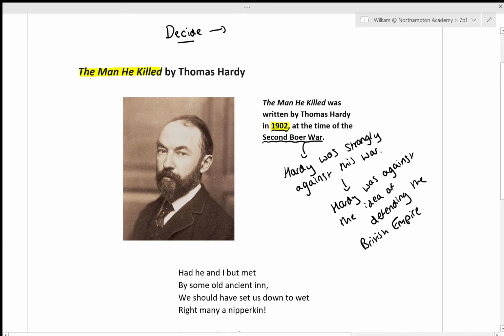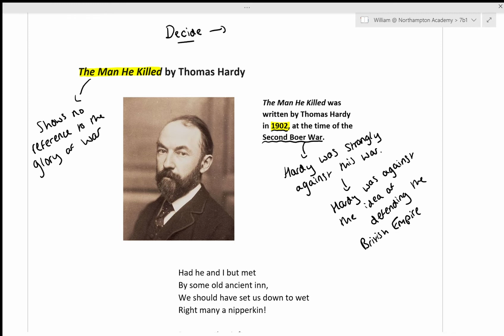However, the title of this poem shows no reference to the glory of war. It just describes war as men being killed, the man he killed. There's no glory to it, there's no excitement. It is simply about the senselessness of man killing fellow man. That word senseless is going to be a very important one in understanding this poem.